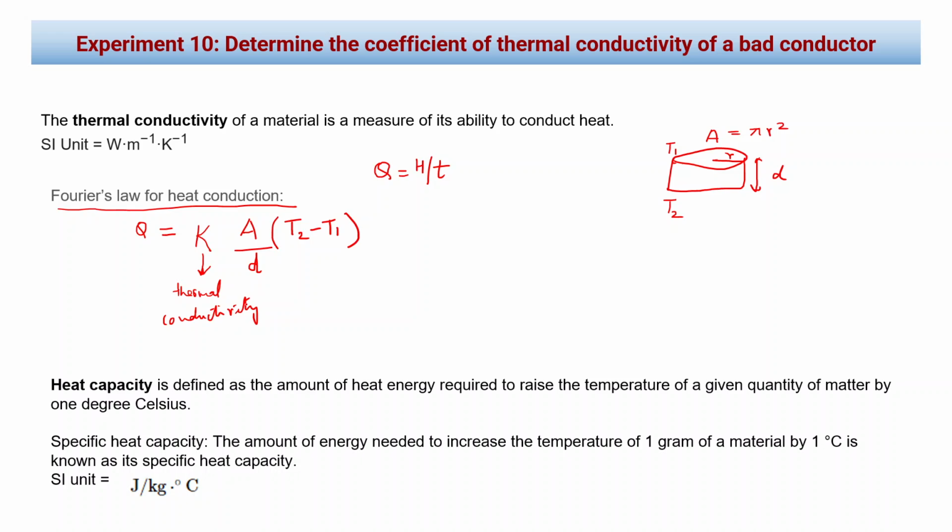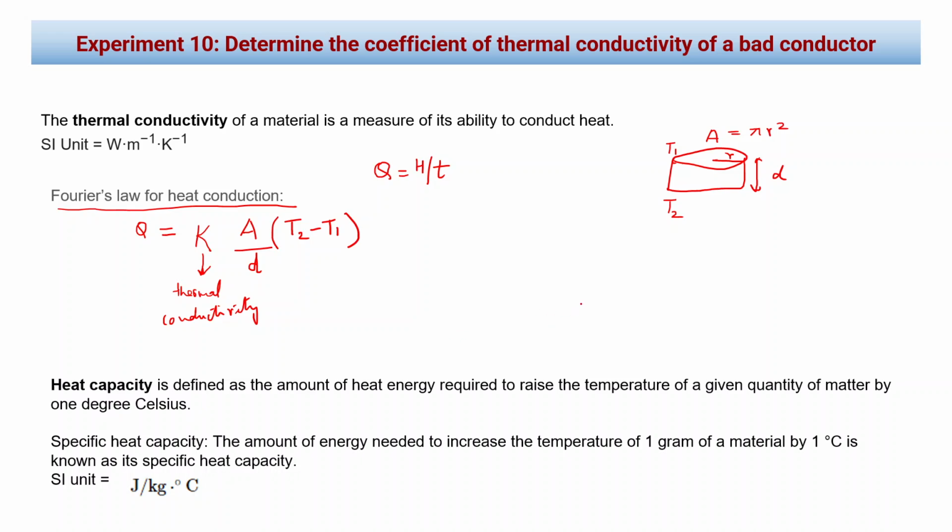Now, let's talk about one more thing. What is heat capacity? Heat capacity is defined as the amount of heat energy required to raise the temperature of a given quantity of matter by 1 degree Celsius.